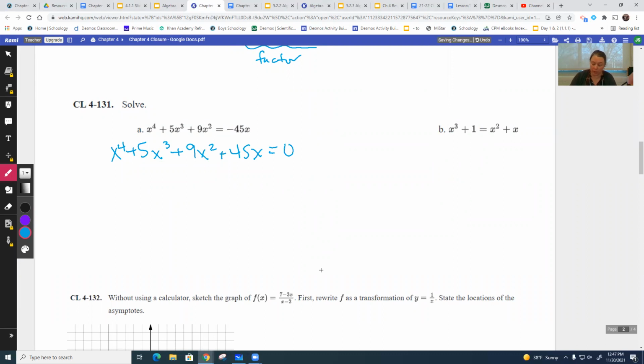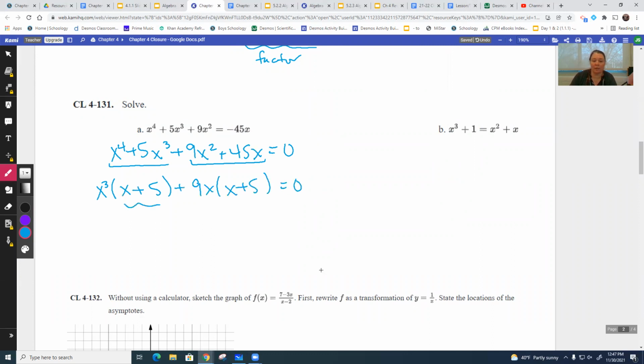And I do notice that these both have a 9 in them. So what I notice here is I could pull an x cubed out here. This would be x plus 5. And then here I could pull a 9x out. This would be x plus 5.